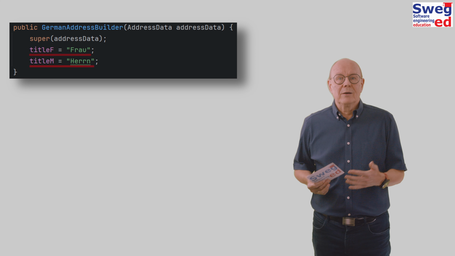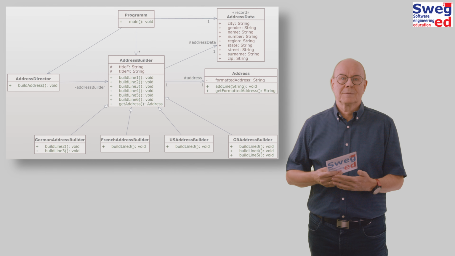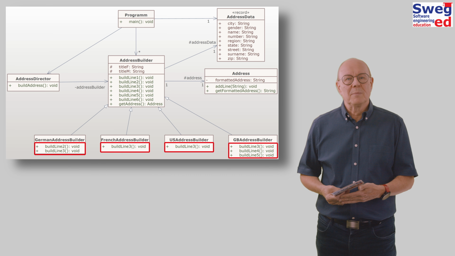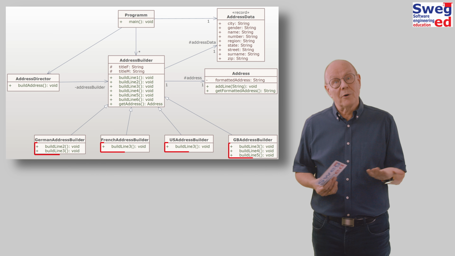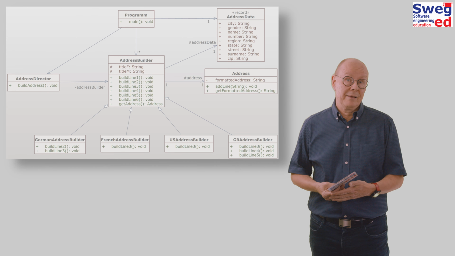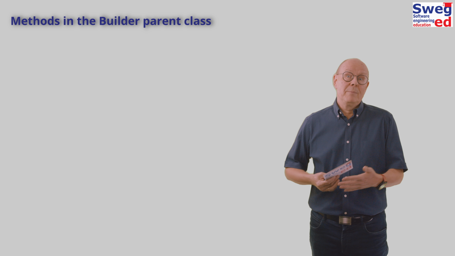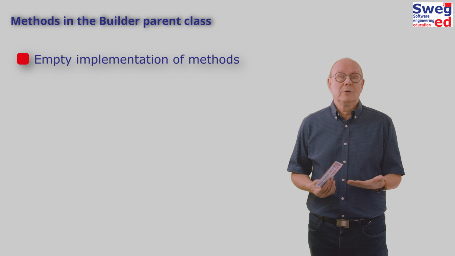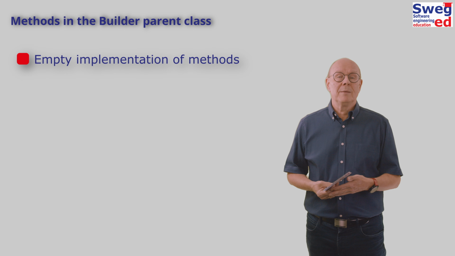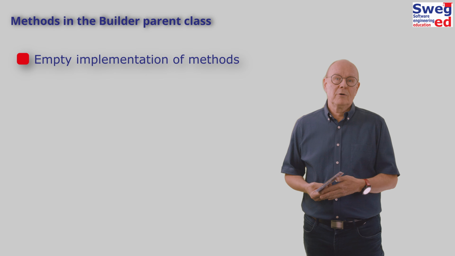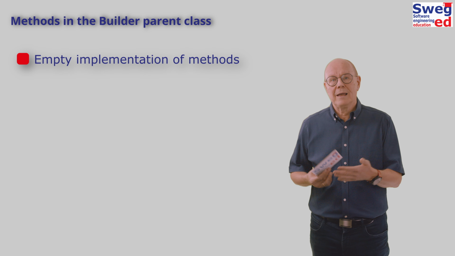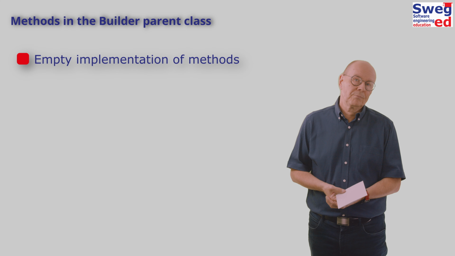Now the class diagram looks like this. BuildLine6 could be left out, but the example shows what's possible with a builder parent class. In the parent class you can leave methods empty to let child classes implement them if needed. For example, German, French and US addresses do not need lines 5 and 6.